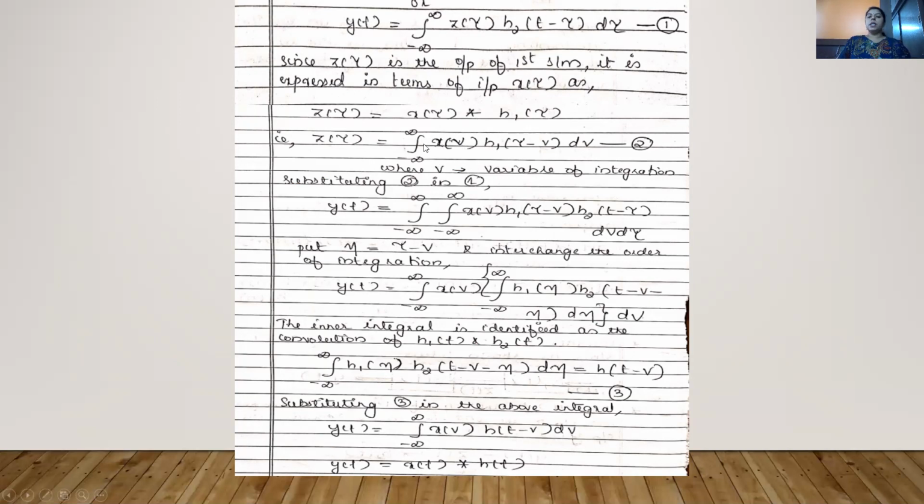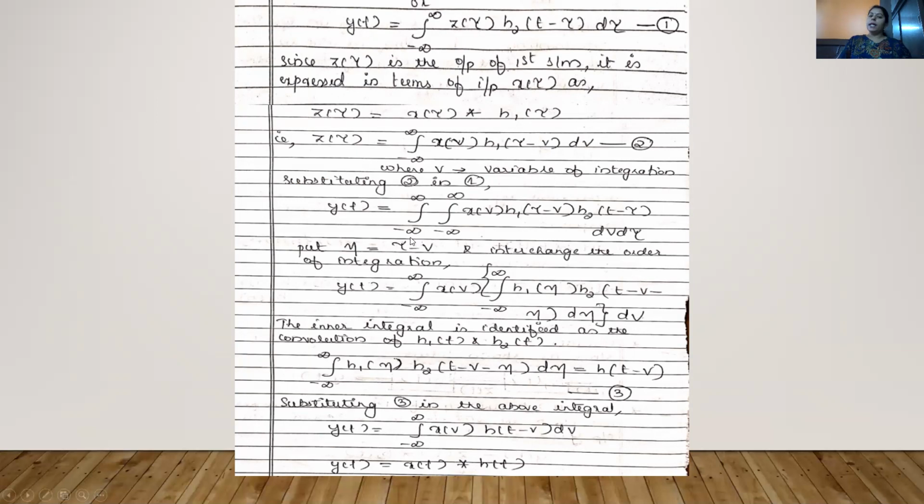So now you see z of tau, I'm going to write it as the integral, v changes from minus infinity to plus infinity, x of v, h1 of tau minus v dv, where v is just the variable of integration. This is an extra variable I added. Now this equation number 2, that is the z of tau equation, I'm going to substitute in the first equation.